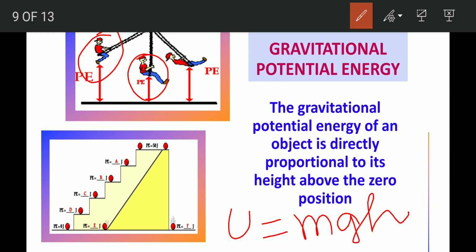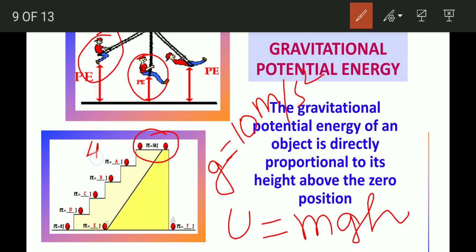Then there is another picture which shows the value of potential energy at the maximum height, which is 50 joules. If I assume the acceleration due to gravity of this place to be 10 meter per second square, then potential energy at point A will be 40 joules. Potential energy at point B will be 30 joules.